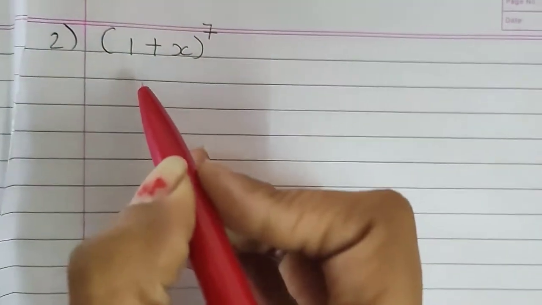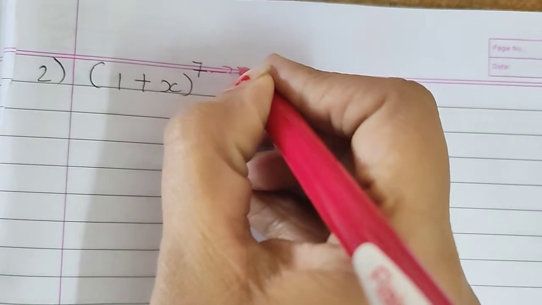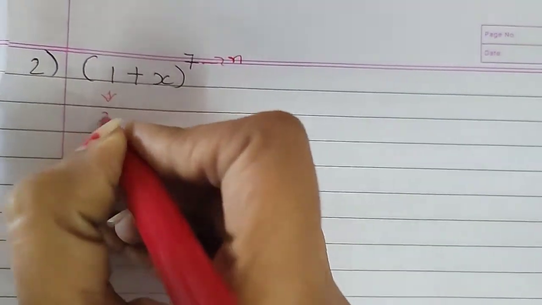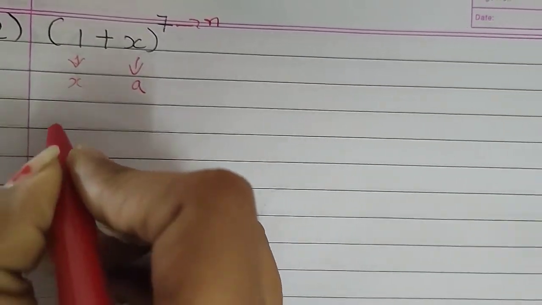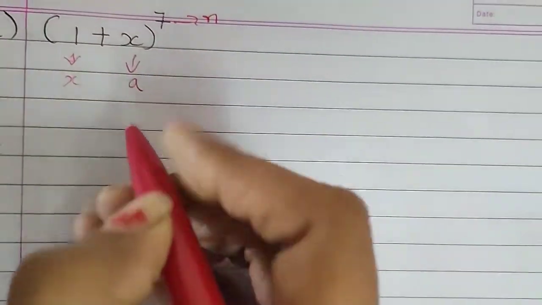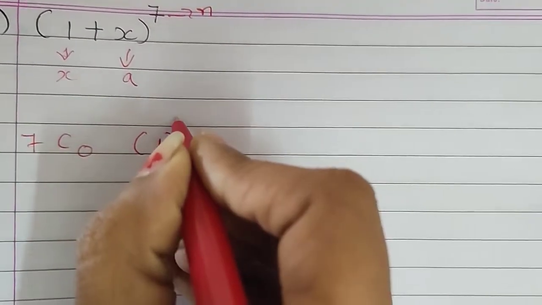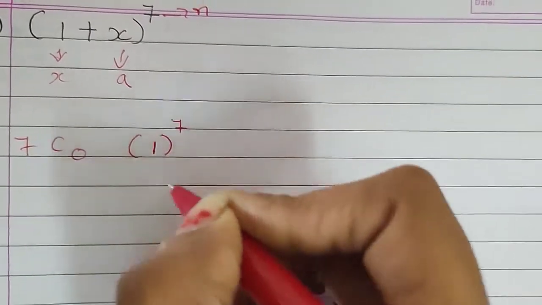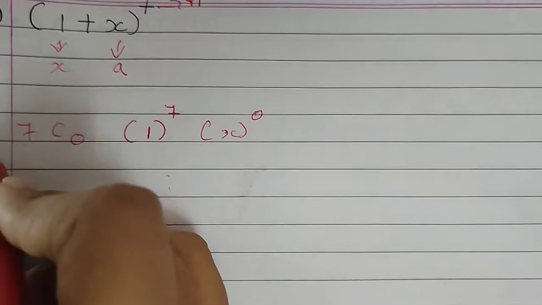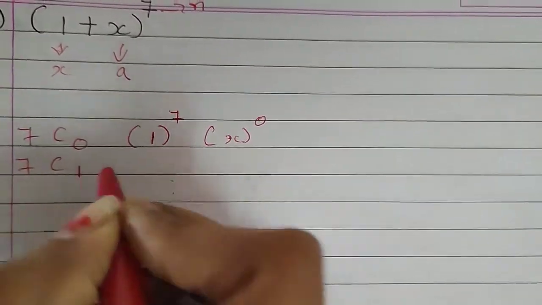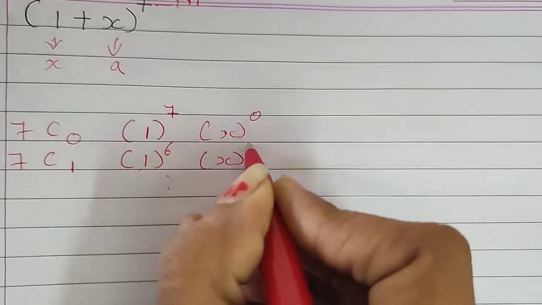Second question, there is (1 plus x) raised to 7. So n is 7, x and a. So we'll start with the sum, that is equal to nc0, that is 7c0, 1 raised to n and x raised to 0, plus 7c1, 1 raised to 6 and x raised to 1.